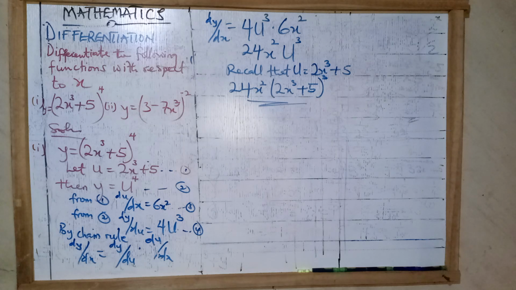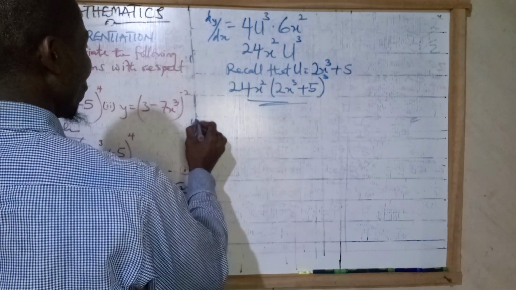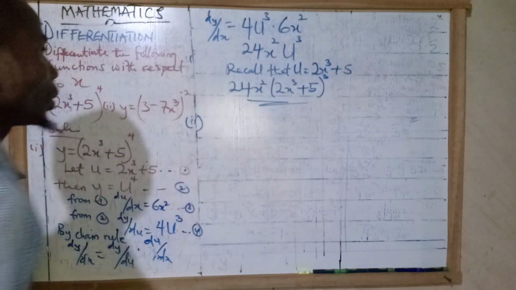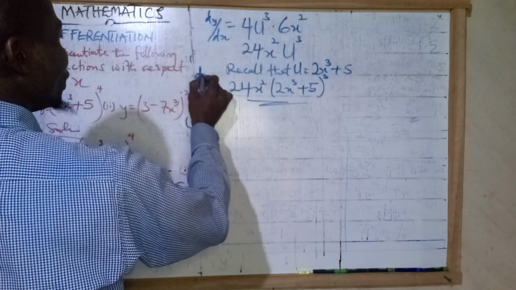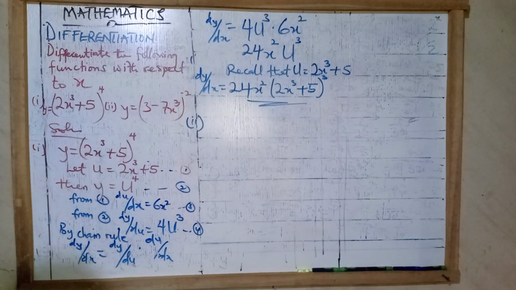So dy/dx equals 24x^2 into bracket 2x^3 + 5, everything raised to power 3.